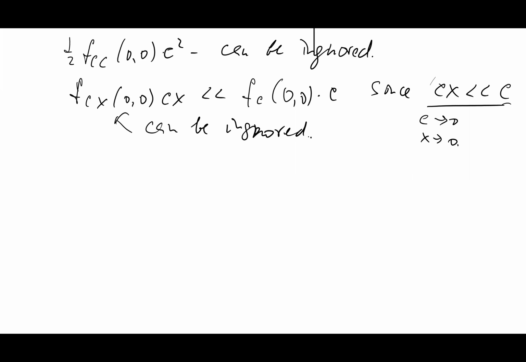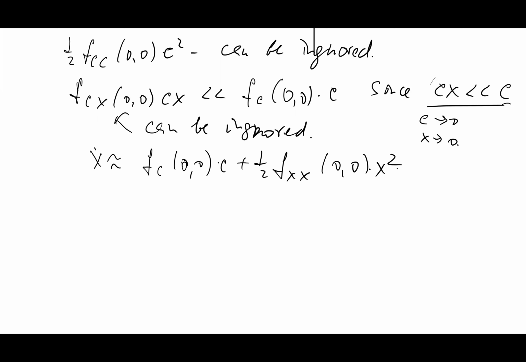Now what we got is that x dot is roughly equal to the derivative of f over c at (0, 0) times c, plus half of the second derivative of f over x at (0, 0) times x squared.